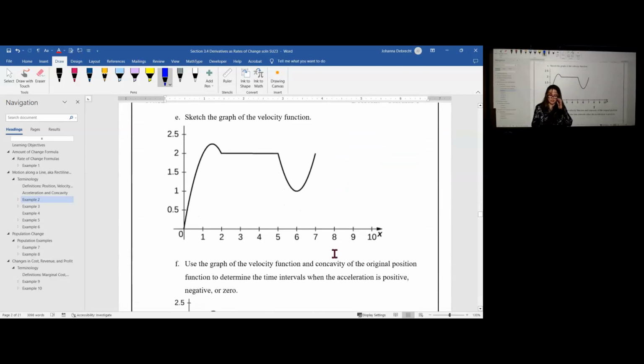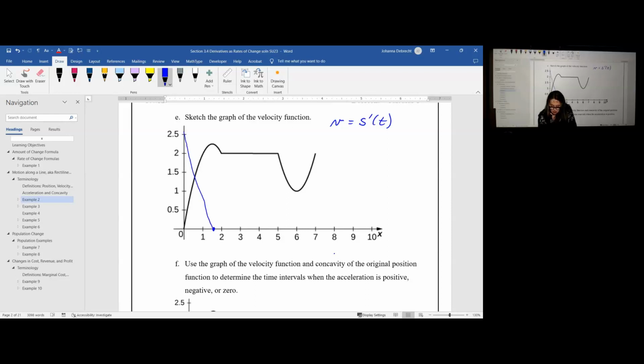Now we want to sketch the graph of the velocity function. And remember that the velocity function is the derivative of the position function. And that means basically you're going to draw the derivative. I know it starts out steep and positive, and then it decreases until it reaches 1.5. At 1.5, the derivative is 0.